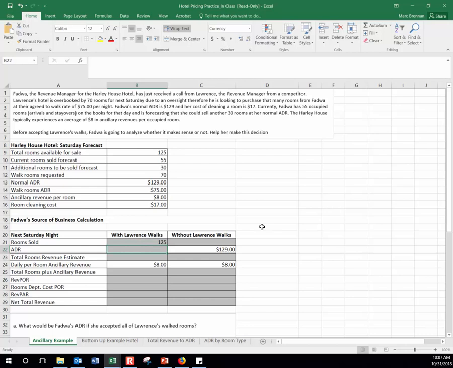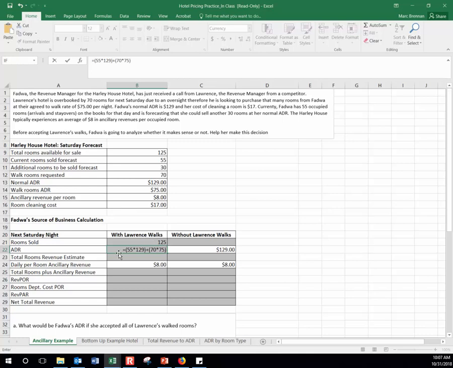If we take a look, we need to add up the two types of revenues that we're going to have and divide it by how many rooms we're going to sell. So in this case, it's the rooms I've already got sold, the 55, times my normal average daily rate, $129. And we need to add that to the 70 rooms that we're thinking about taking as walks, times the ADR that they're going to bring in.